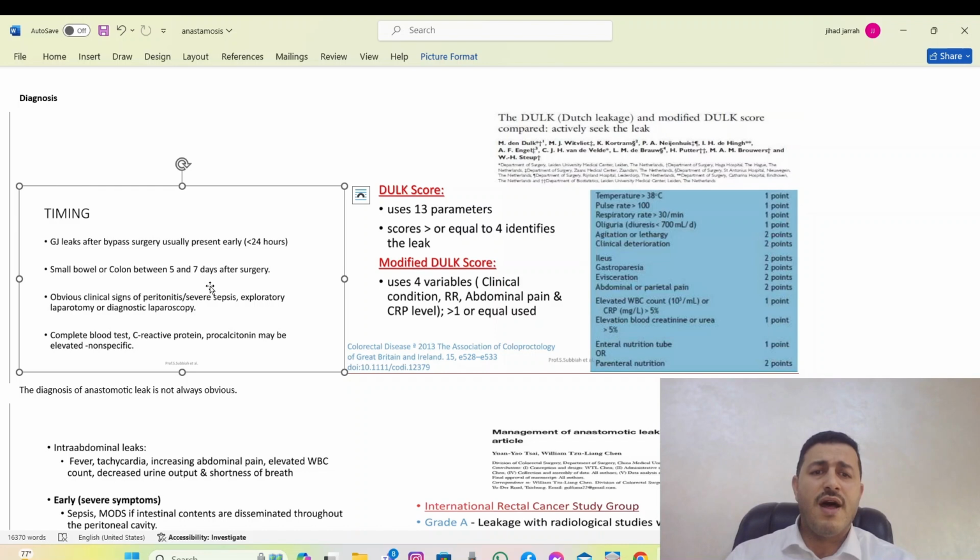Among them are the vital signs: temperature, pulse, respiratory rate, oliguria, etc. We have clinical signs such as abdominal pain and ileus, and laboratory signs such as creatinine and urea, white blood cells, and enteral and parenteral nutrition are within the DULK score. The modified DULK score uses clinical signs, any deterioration in the clinical condition, respiratory rate, abdominal pain, and CRP.